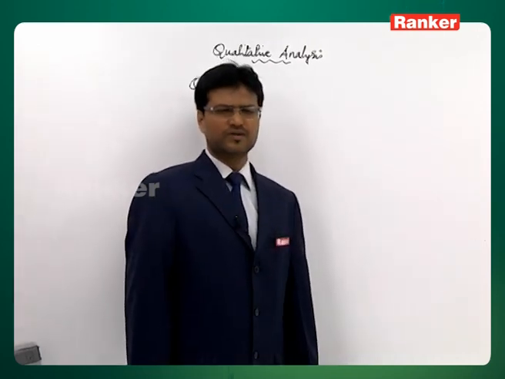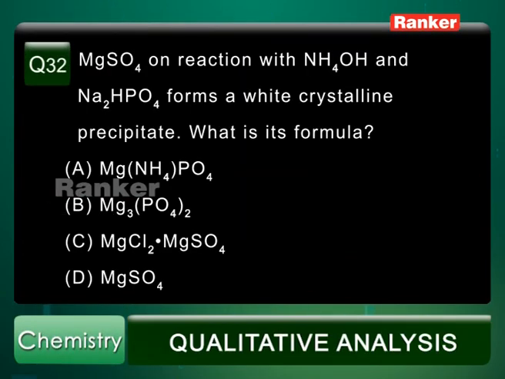Question number 32. Magnesium sulphate on reaction with ammonium hydroxide and sodium hydrogen phosphate forms a white crystalline precipitate. What is its formula? A, MgNH4PO4, B, Mg3(PO4)2, C, MgCl2.MgSO4 and D, MgSO4. The correct answer is magnesium ammonium phosphate.